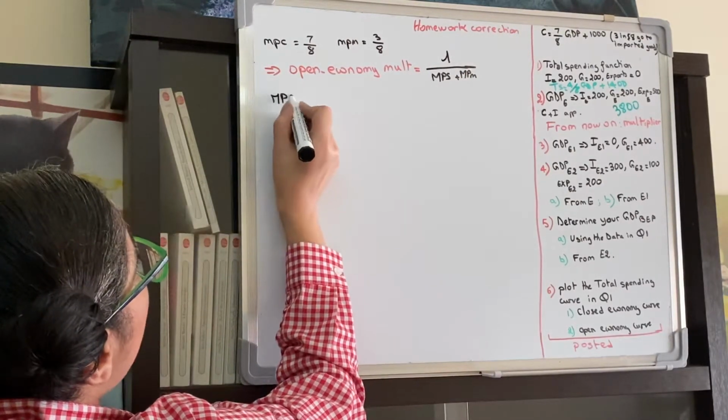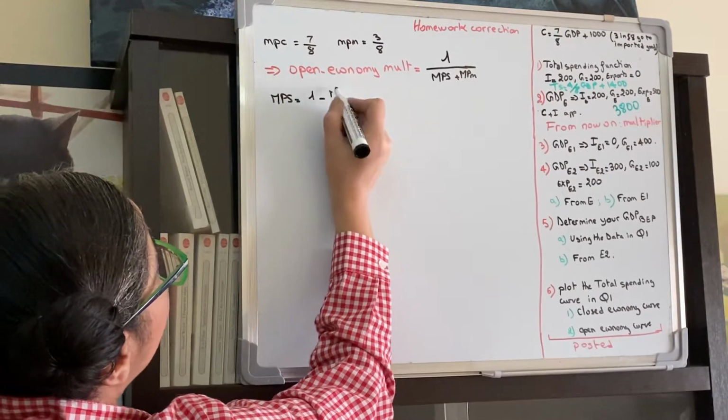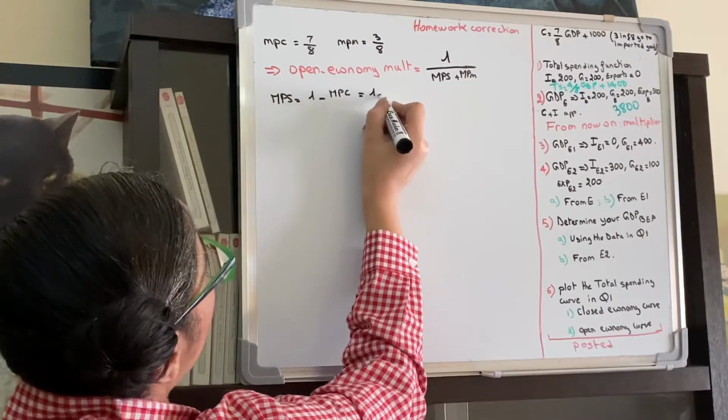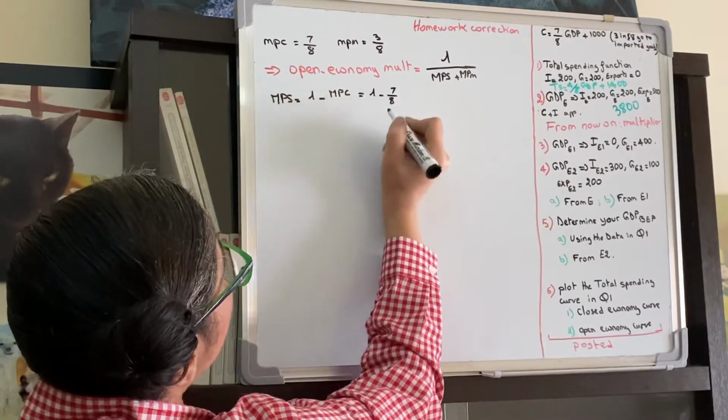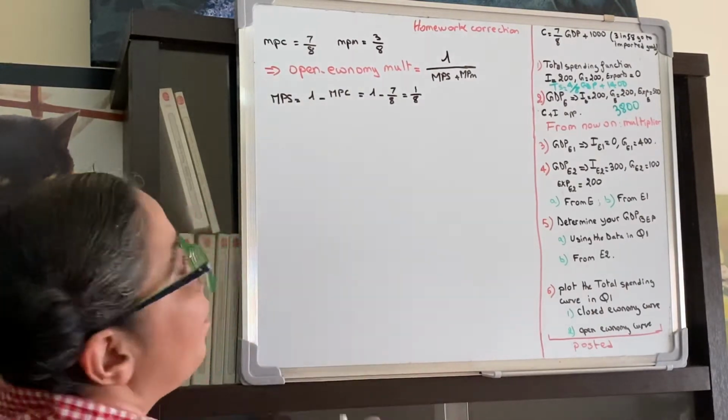So MPS is equal to 1 minus MPC, which is equal to 1 minus 7 over 8. So it's equal to 1 over 8. Okay?